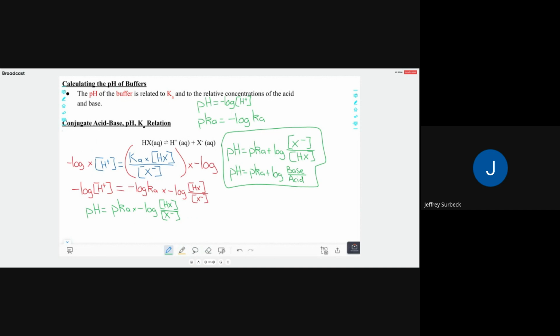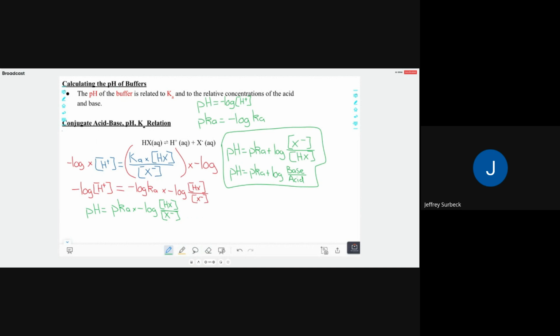The third thing is this. When I rewrote it as base over acid, you don't have to have the concentration. As long as you have moles of the base and moles of the acid, you can use this formula. So no longer do you have to take the time to actually find molarity. You can go directly into this formula because it's just a ratio.